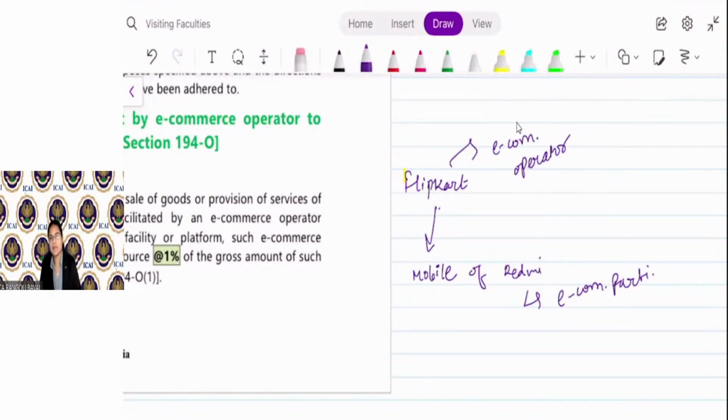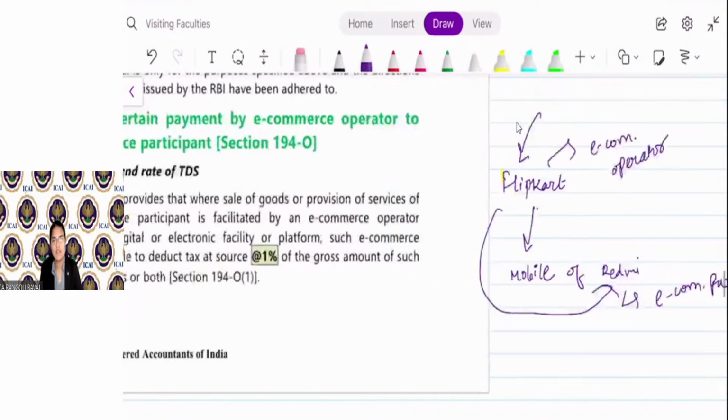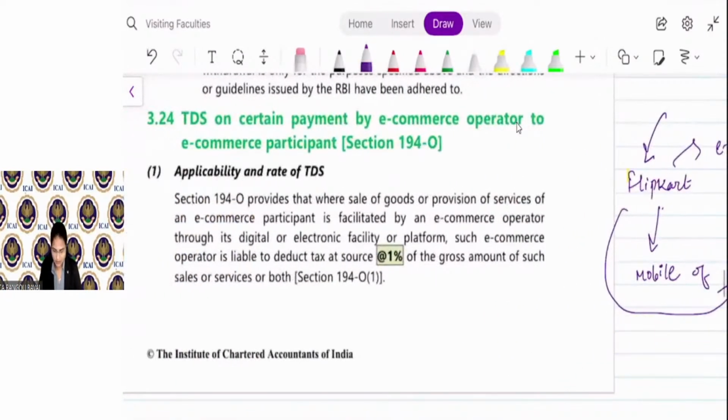So Mr. X will pay 25,000 to Flipkart and Flipkart will pay the same to Redmi. Okay. So here the e-commerce operator is the online platform on which one can sell his goods or provide services. Another example is Zomato.